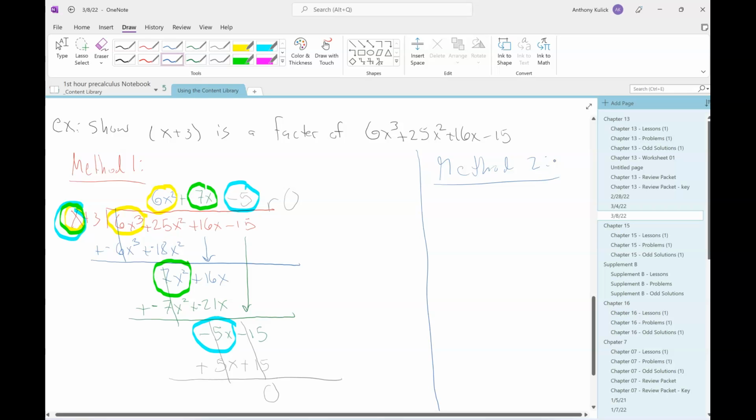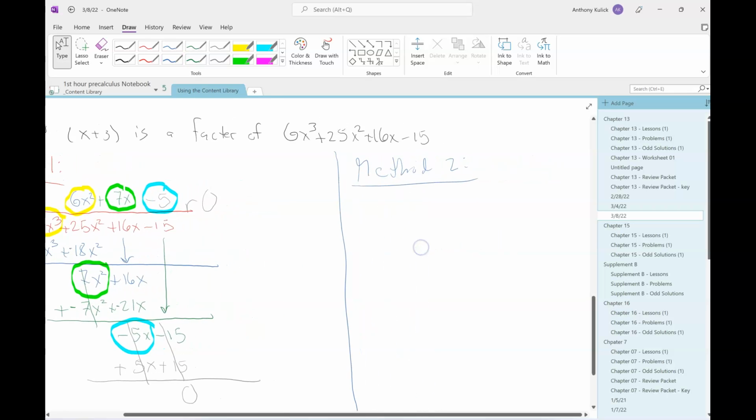What's the other way of doing this? Well, if I use the factor remainder theorem and I think of my f of x as this and my x minus k as x plus 3, then I can just do f of k and try to show that that's equal to 0.